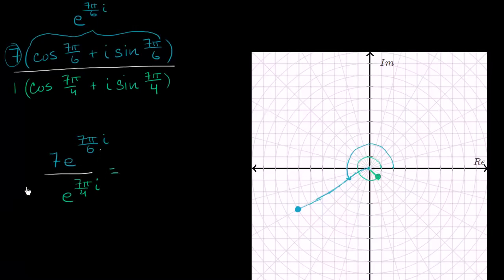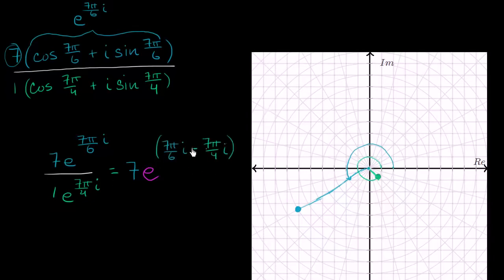So this is going to be equal to, well, 7 divided by 1 is just 7. So it's going to be 7 times e to the 7 pi over 6 i minus 7 pi over 4 i power.